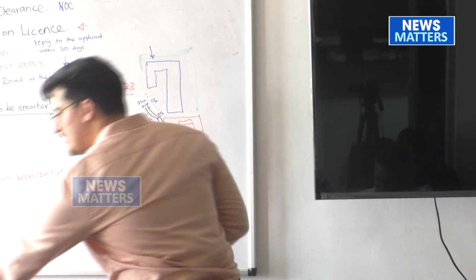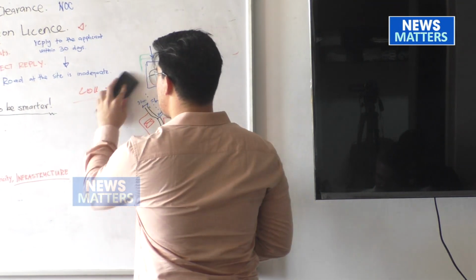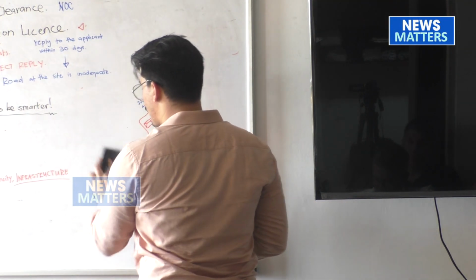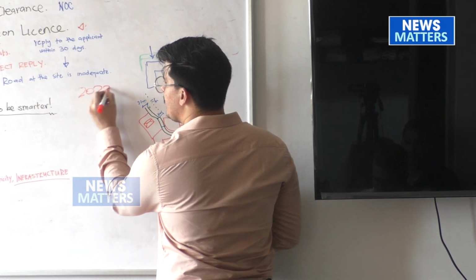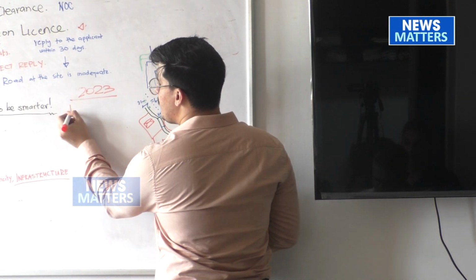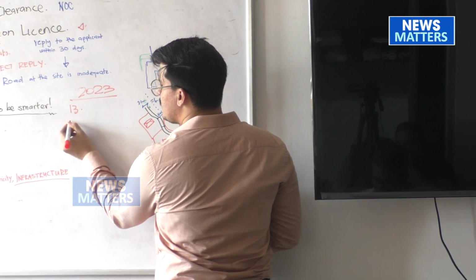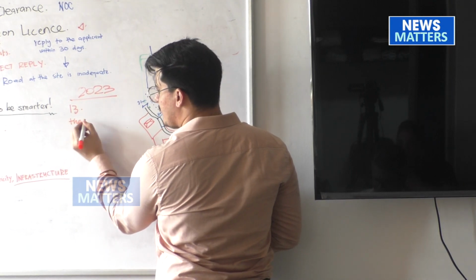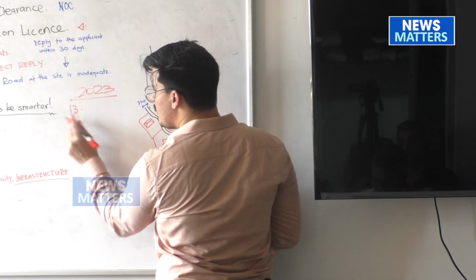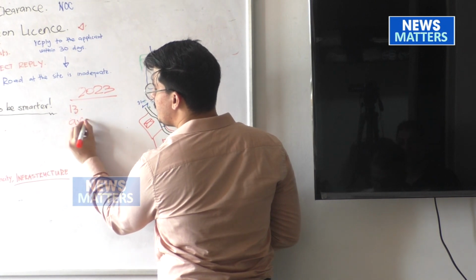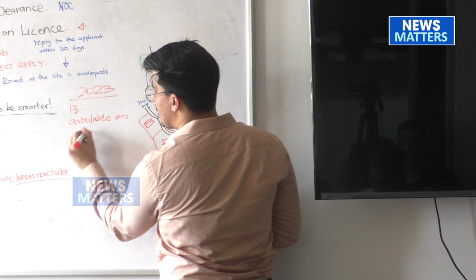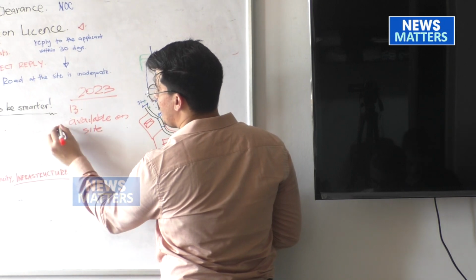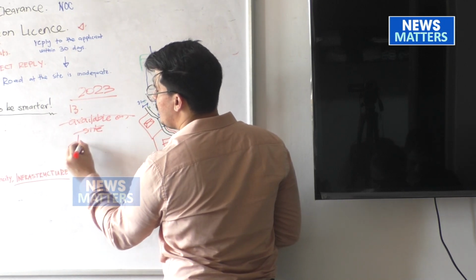Of course, unfortunately, the politicians in the government are not sitting quietly. Amongst these 2023 building amendments, amendment number 13 says the entire sentence, which includes the words available on site, stand deleted.